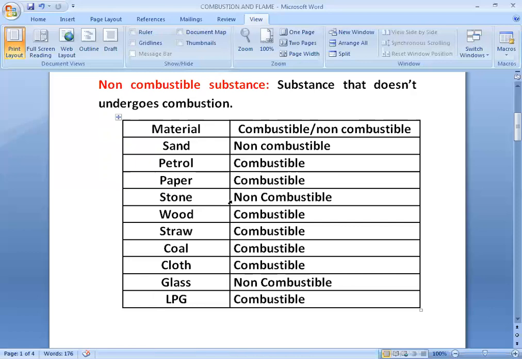Stone is non-combustible. Wood is combustible. Straw is combustible. Coal is also combustible. You have seen the coal in the irons that the ironing men use to press clothes, that black solid material is coal. It also gets burned and produces heat, but it does not produce a flame. Cloth is also combustible. Glass is non-combustible. LPG is combustible. So here is a list of materials that are combustible and non-combustible.